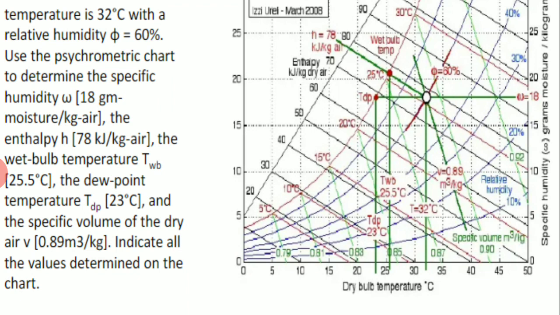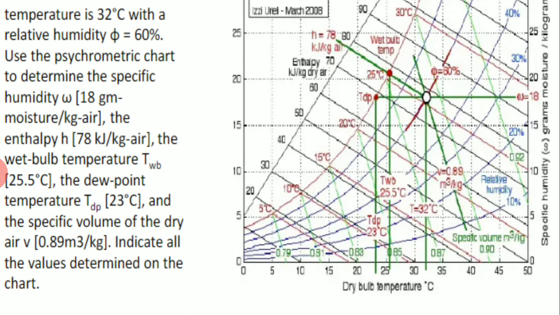Number one property is specific humidity. From that fixed point, move to the right hand side, to the y-axis, where you can obtain W values. You have to move horizontally, parallel to the specific humidity lines, and you can obtain W on that scale.